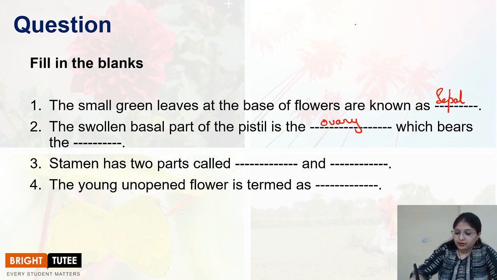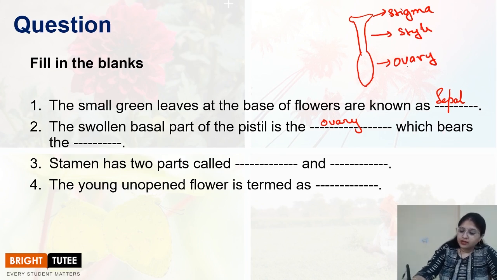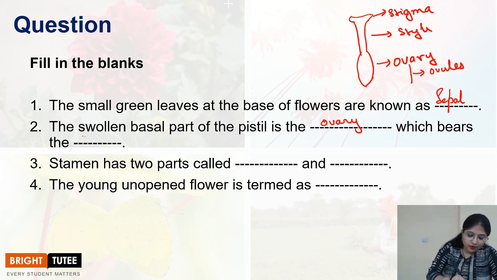If you remember, we had talked about the pistil. This was the stigma. This was the style, and this swollen part is the ovary, right? Within the ovary we saw there were ovules, right? So the answer is ovules.